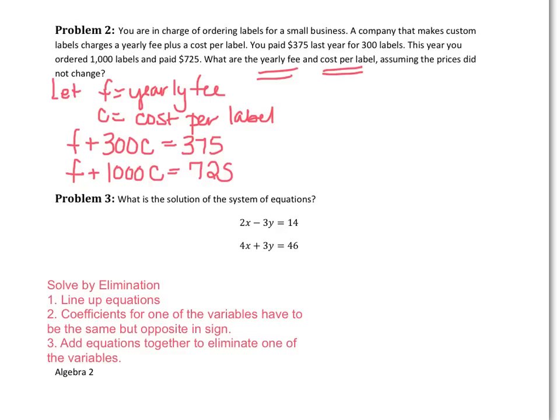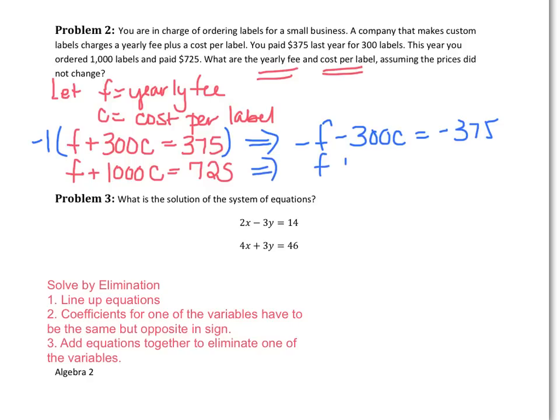If I multiply the equation f plus 300c equals 375 by a negative 1, I'm going to come up with a negative f and a negative 300c and negative 375. Sorry there.